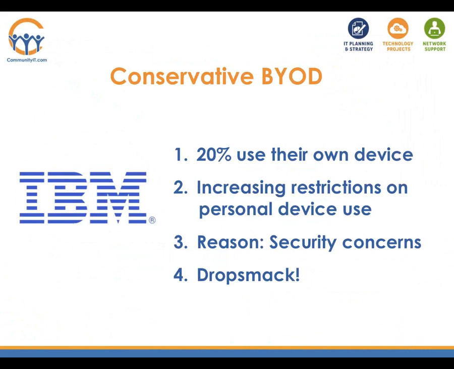So the reason is that IBM was very concerned about data leaking out of the organization, and also about security threats to the organization through third-party means. And the number one issue they had was with Dropbox, and I'll talk about that in a second.